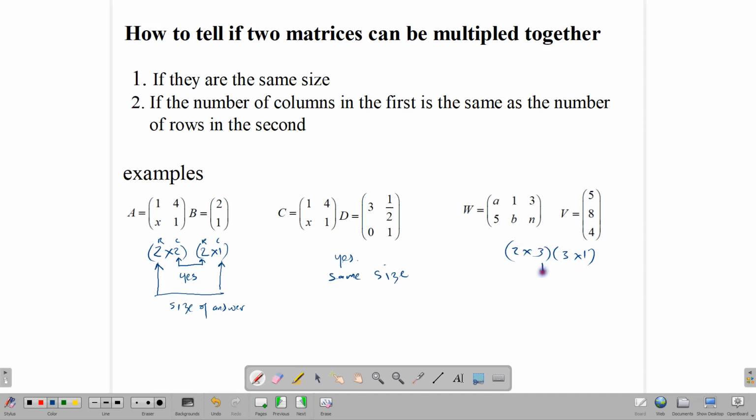So can they be multiplied together? The inside numbers are the same, so yes, they can be multiplied together. The outside numbers tell us the size of our answer. So your answer matrix would have 2 rows and 1 column, which would look something like this. 2 rows and 1 column. So let's look at some more.